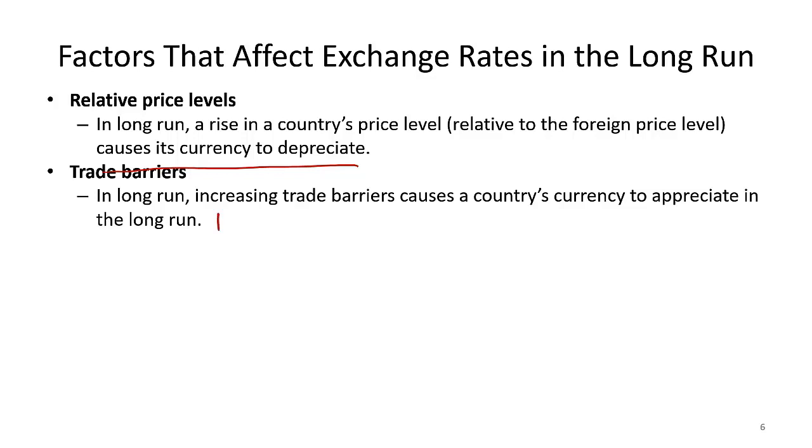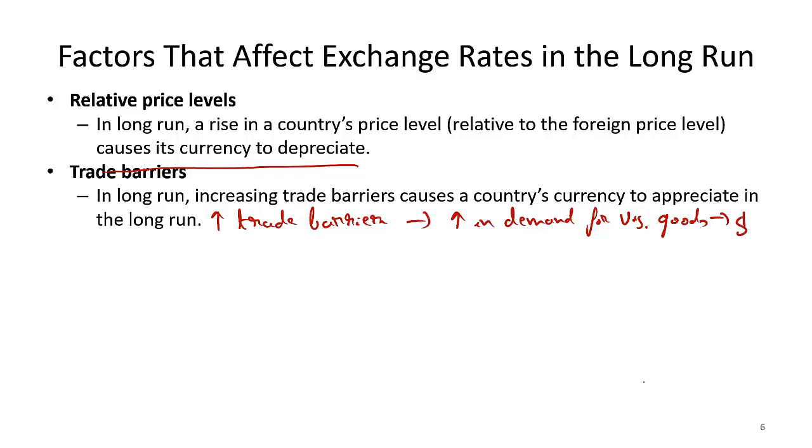So increasing trade barriers leads to an increase in demand for US goods, assuming trade barriers are imposed by the United States, which leads to dollar appreciation. So the dollar is going to appreciate, or increase in value, compared to the British pound.